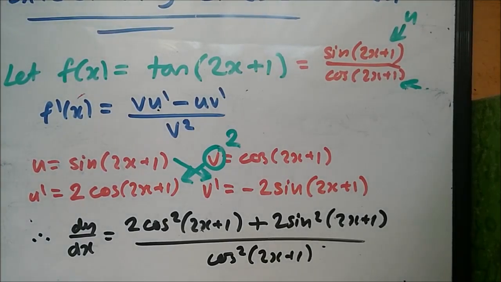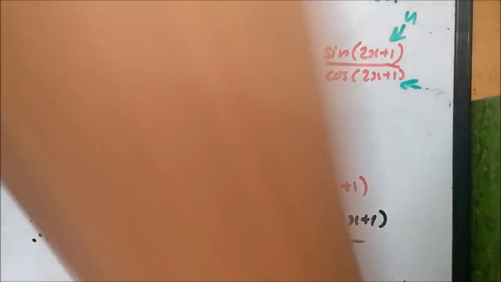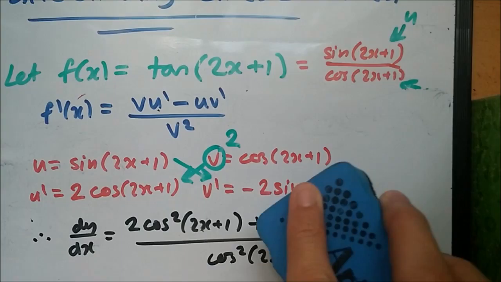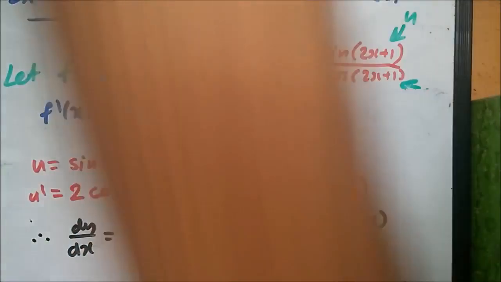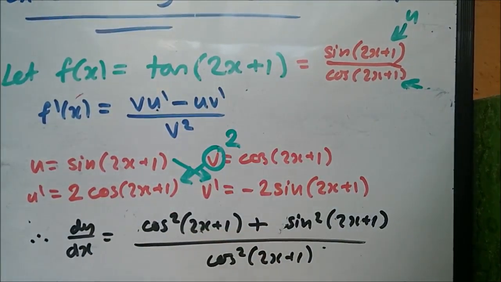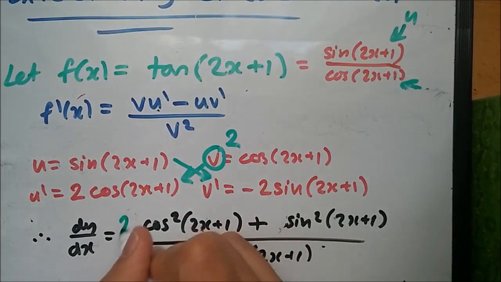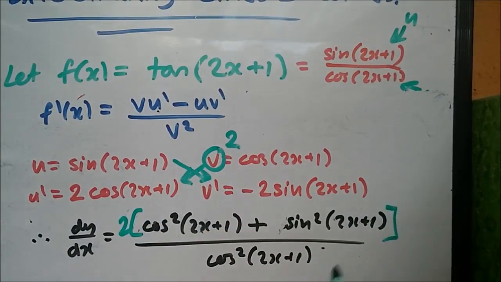The interesting thing about this one is that we can factorize 2 out. We get 2 times cos squared plus sine squared.